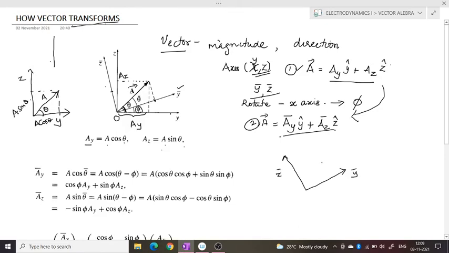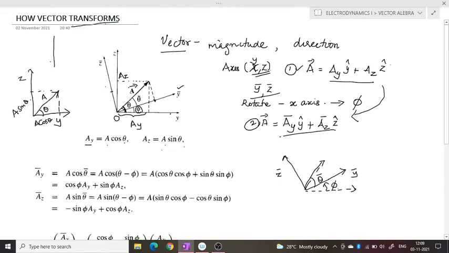And here is our vector A. It is making an angle theta dash with this axis. Now the original position was here and the axis has been rotated through an angle phi.